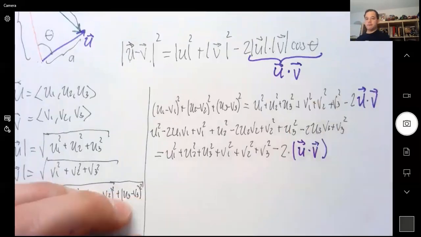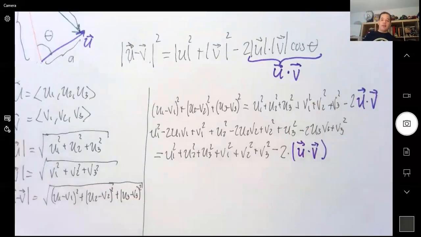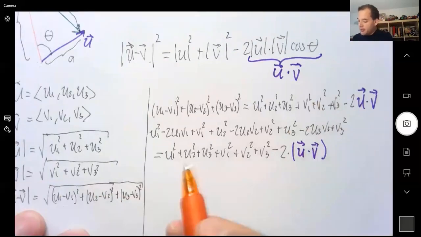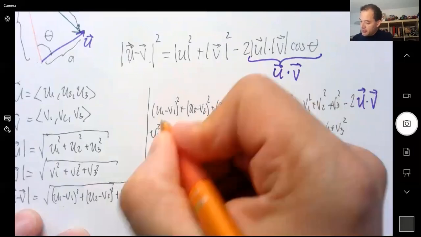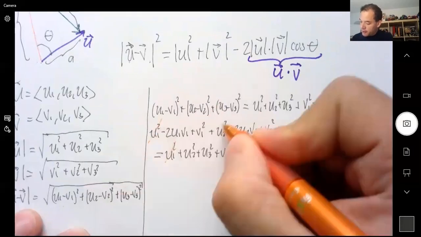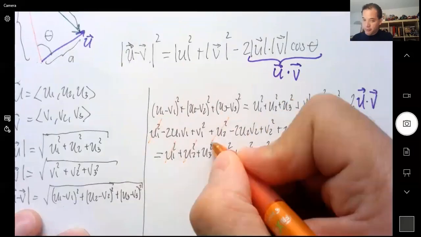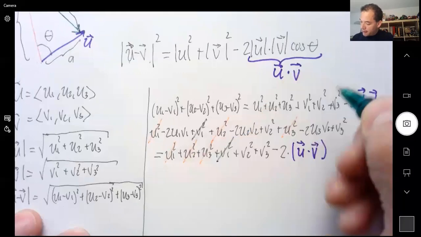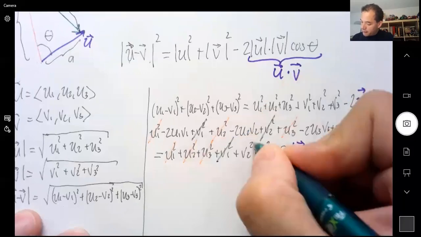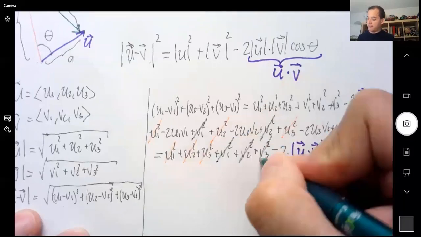Right? Now, almost done. Notice how this u1 squared cancels with this u1 squared, this u2 squared with this u2 squared, this u3 squared with this u3 squared. Then the v1 squared, the v1 squared, v2 squared with v2 squared, and v3 squared with v3 squared.